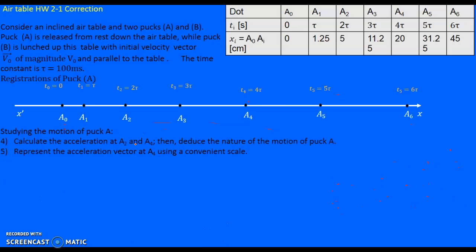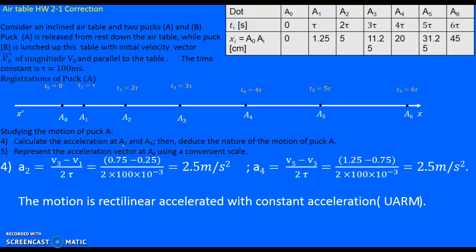Now, part 4 of the same question, calculate the acceleration at A2 and A4. This means that they want the instantaneous acceleration, then deduce the nature of the motion of puck A. At A2, this means we need V3, after minus before. So V3 minus V1 over 2 tau. These are already calculated in the previous part.